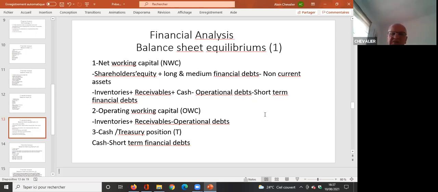But what is this positive value? It is a financial need. You have to finance the inventories, and the receivables, which are loans to the customers, and you finance them partly by debts you obtain from the tax administration, from the providers, and from your staff.